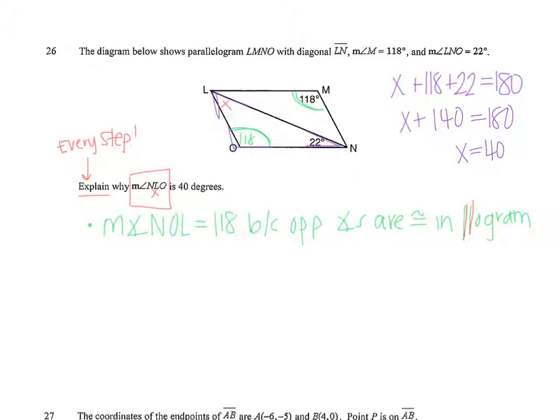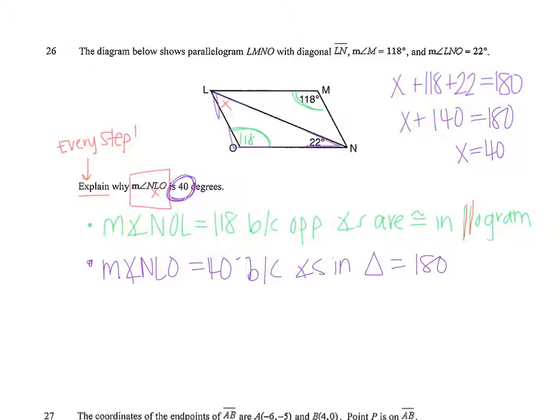So I just found, and hopefully you found, the measure of x to be 40, which is perfect because they said that angle that we labeled as x should be 40. Measure of angle NLO equals 40 degrees because angles in a triangle equal 180. Now there are different ways that you could have done this.